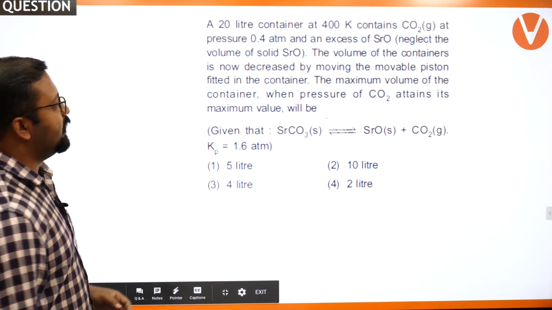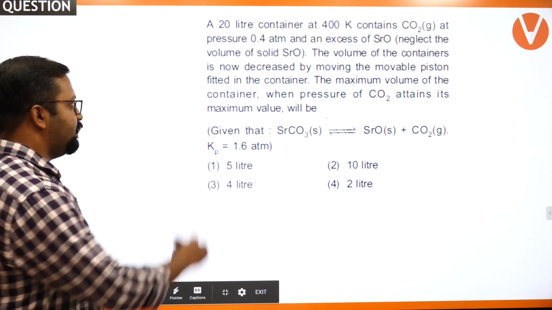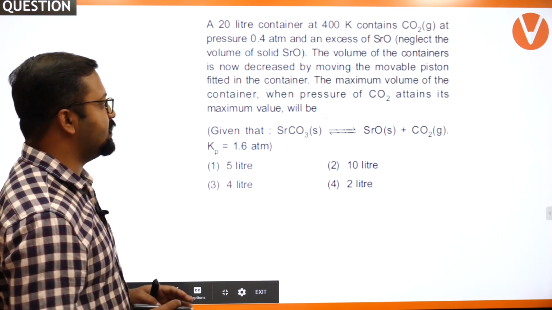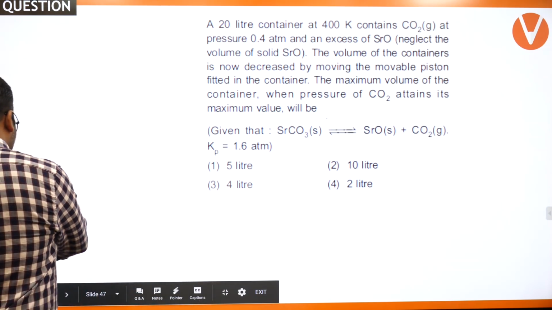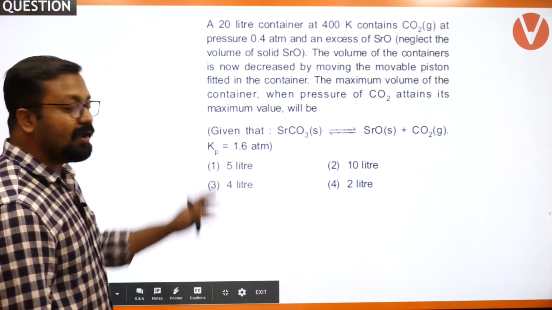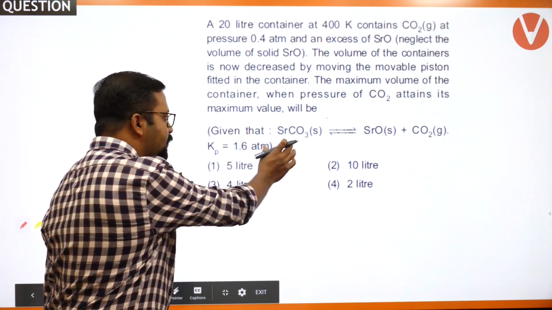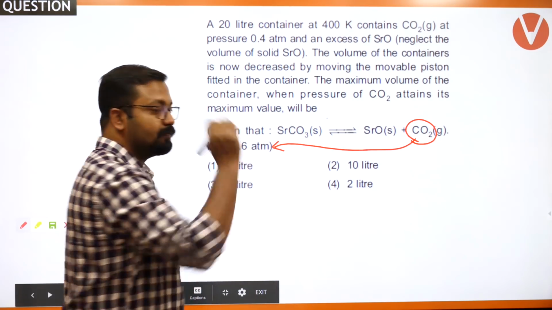The volume of the container is decreased by moving the movable piston fitted with the container. The maximum volume of the container is when the pressure of CO2 attains the maximum value. So what could be the maximum value? Kp would be the maximum value. Maximum value is equilibrium में जितना ये maximum बन सकता है, that will be equal to Kp.